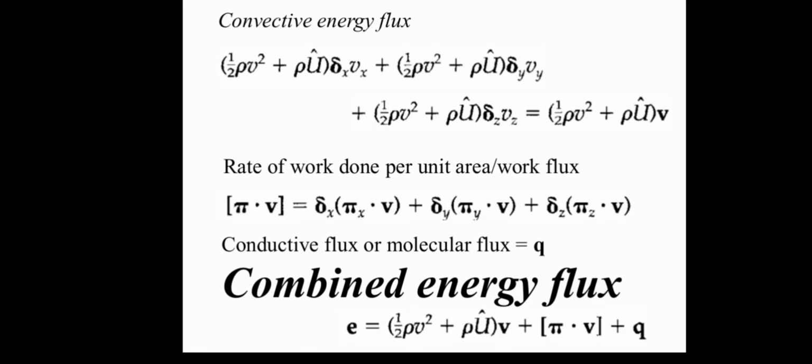Therefore, the combined energy flux vector provides a comprehensive picture of how energy is being transported in a fluid, taking into account both bulk motion and the molecular level interactions.